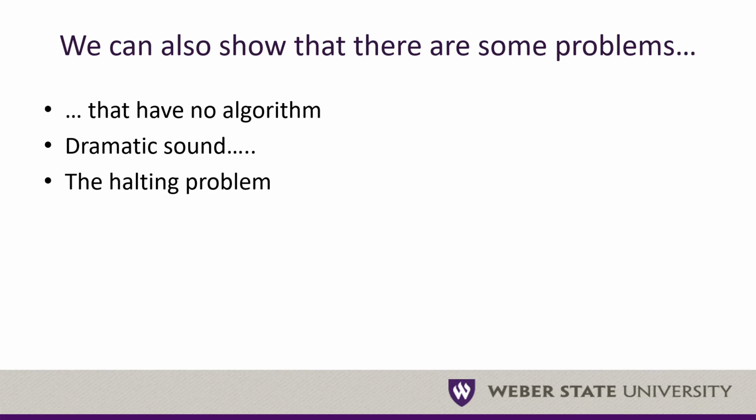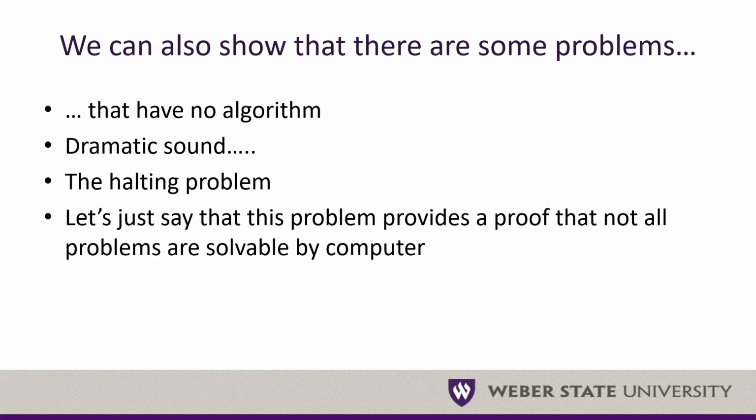But here, the idea is that we can prove that we can't solve some things with a computer. It's always nice to know your limitations, and we have them. With a computer, you can't do just anything.